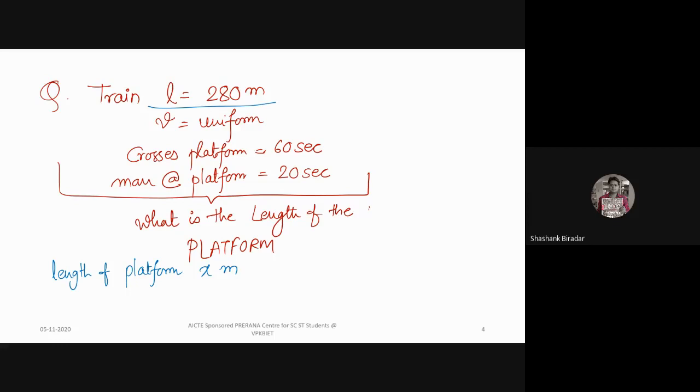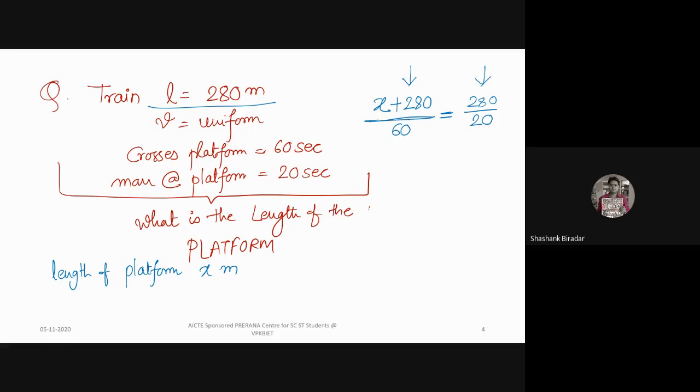The platform length plus train length passes in 60 seconds with a uniform speed. I can equate this with the train length, 280 meters, which passes the man in 20 seconds. The train is traveling with uniform speed, so I am equating these quantities.